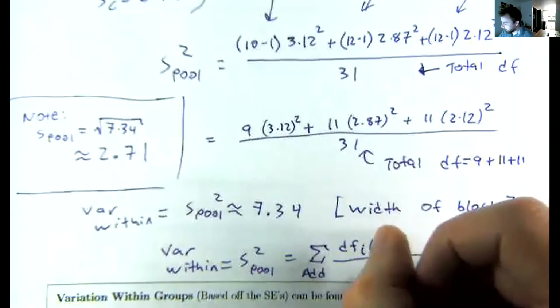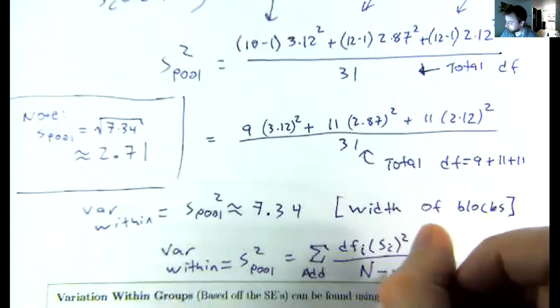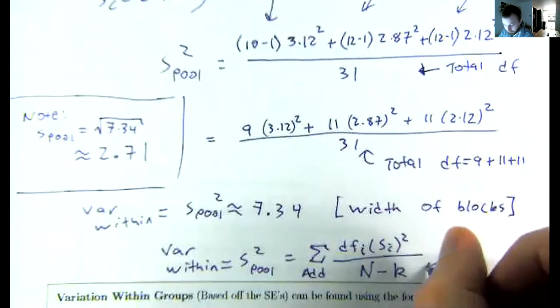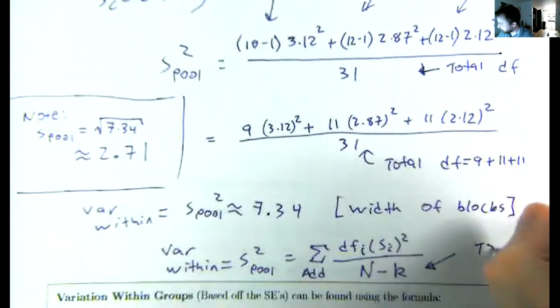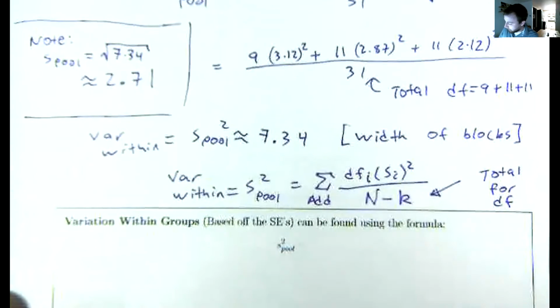So what I've done is I've taken the total number of terms and I subtract from this the number of groups. If you're having a hard time figuring out where this thing comes from, just remember this is the total for those individual degrees of freedom. I'm going to write this again.